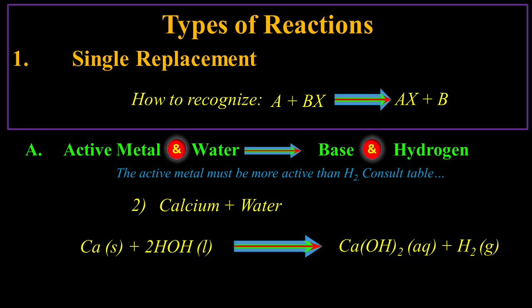Why is it more difficult to replace the hydrogen in water as opposed to the hydrogen in, say, hydrochloric acid? Let's look at that and see if we can figure it out.